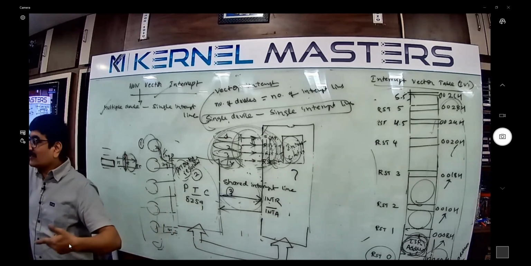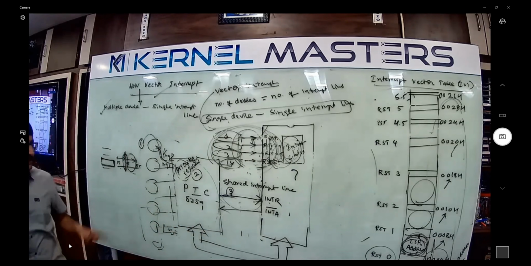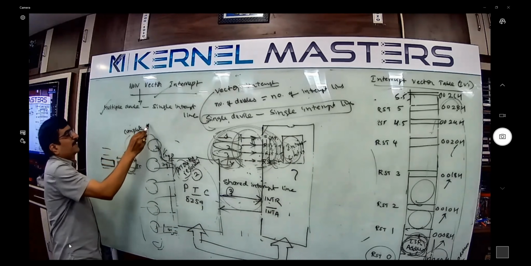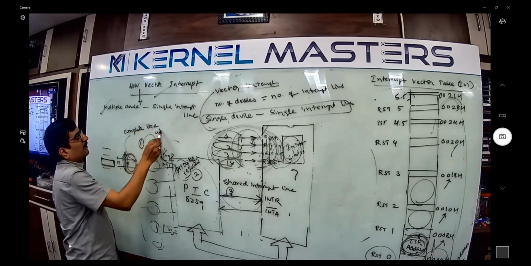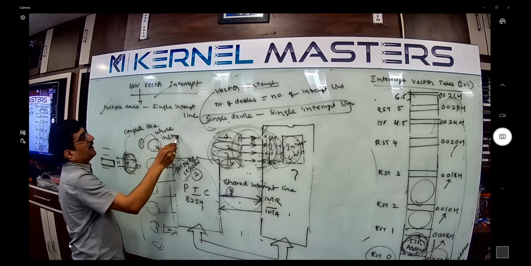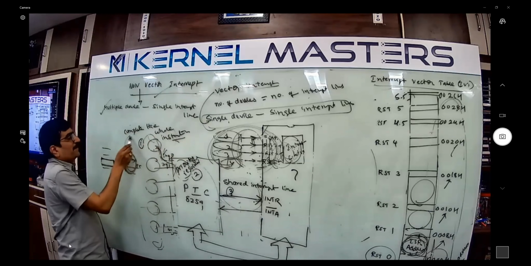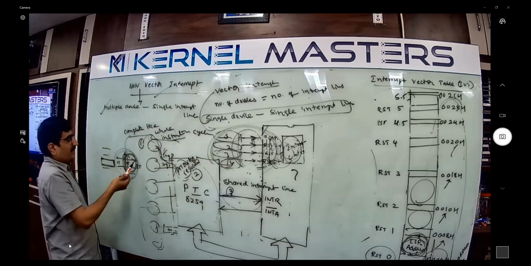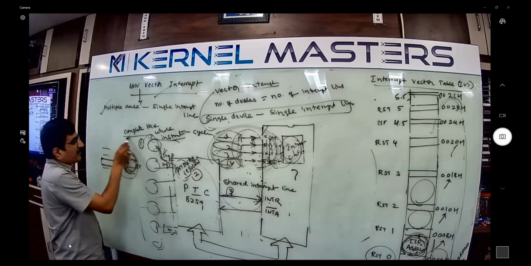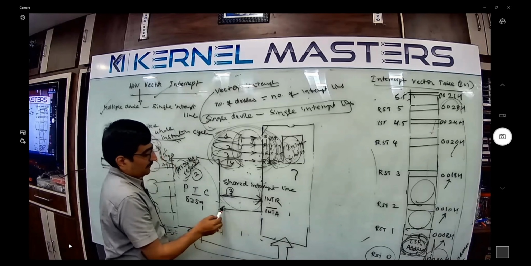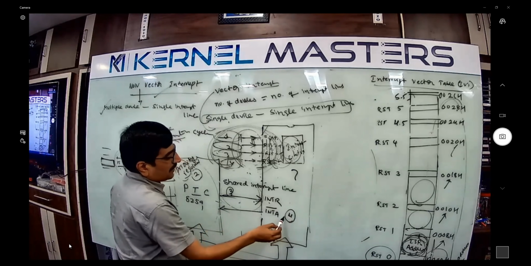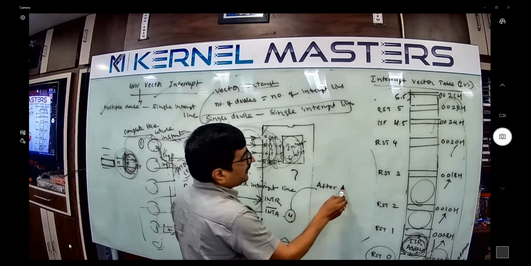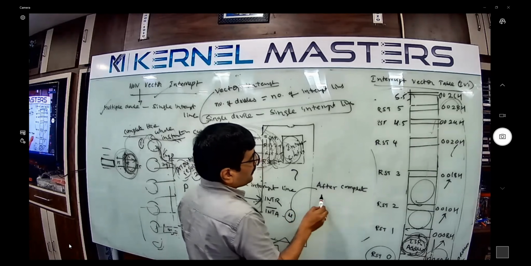When the microprocessor is ready to handle the interrupt, it completes the whole instruction cycle, the entire instruction, including the remaining part, and then gives the acknowledgement. So the microprocessor raises the interrupt acknowledgement signal after complete execution of the instruction.